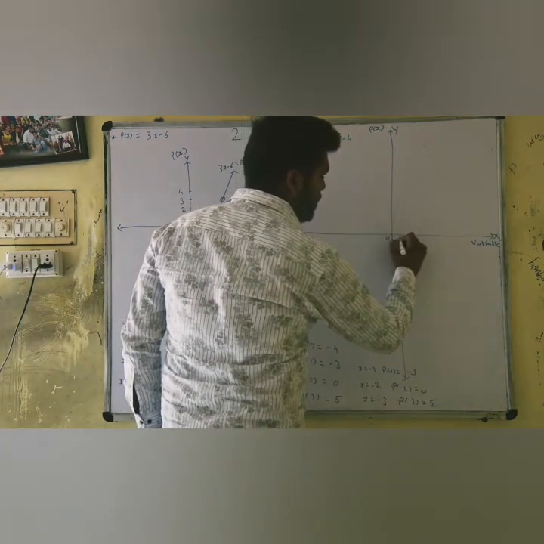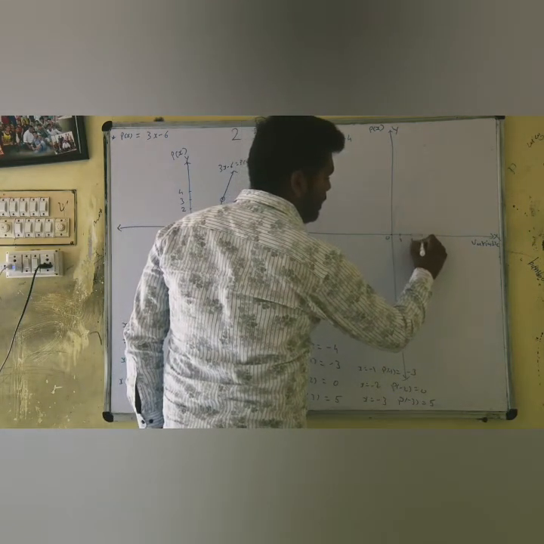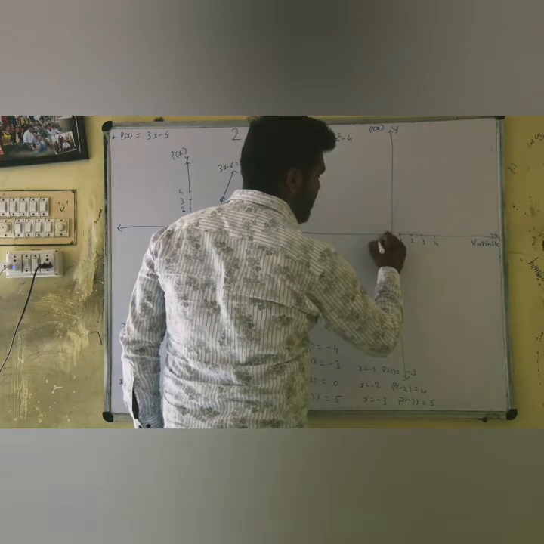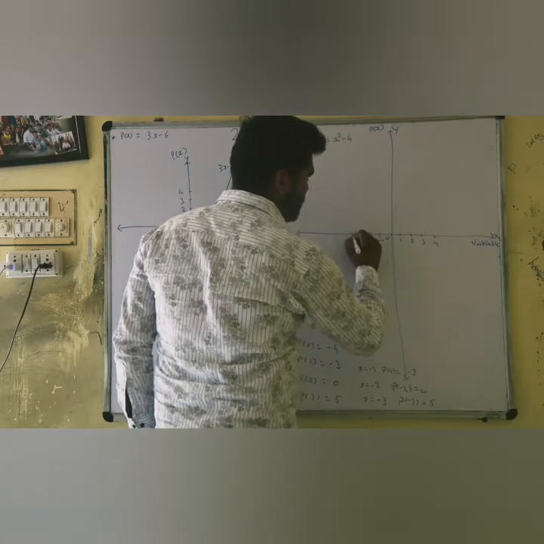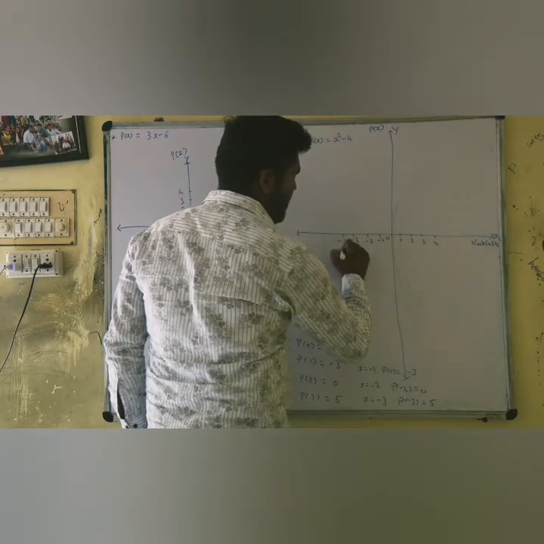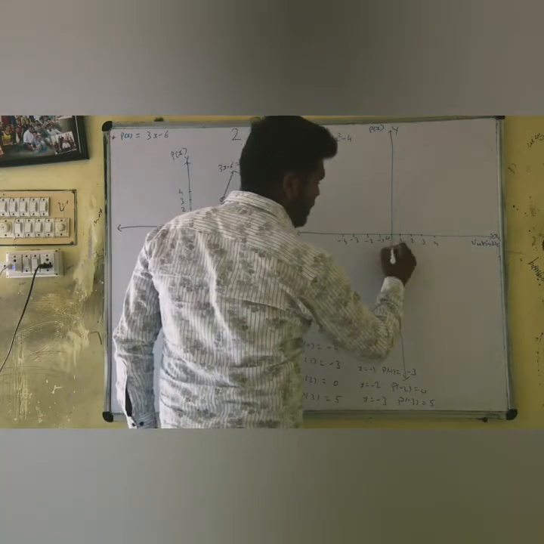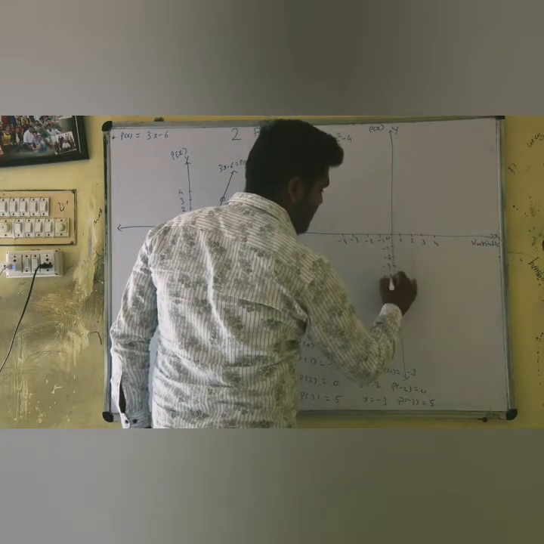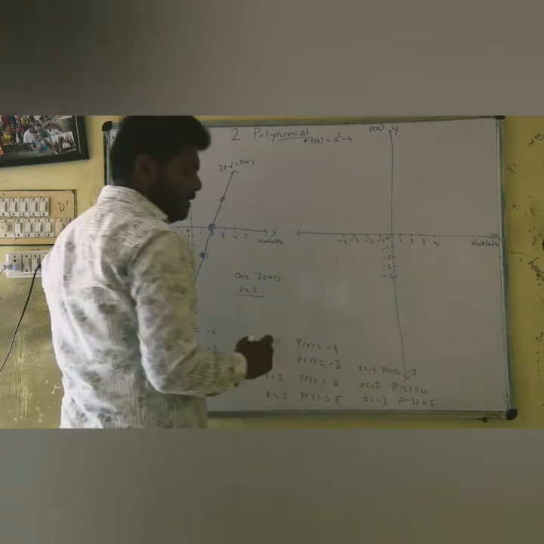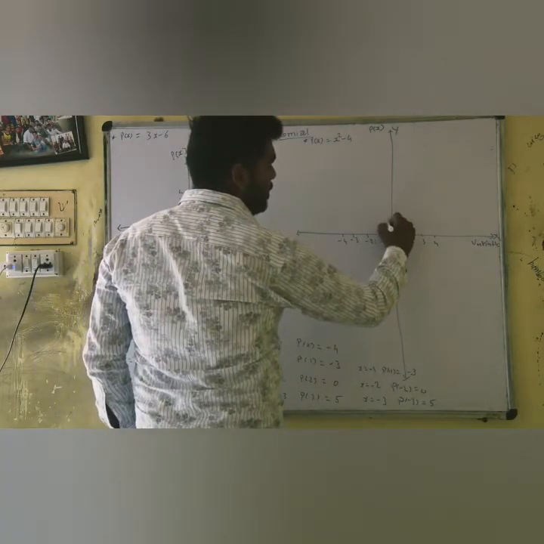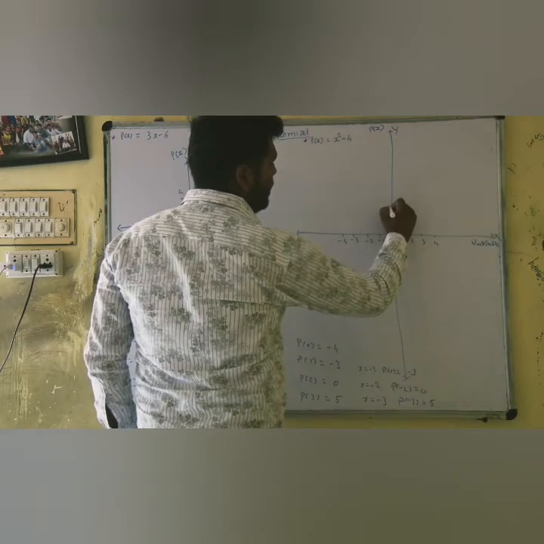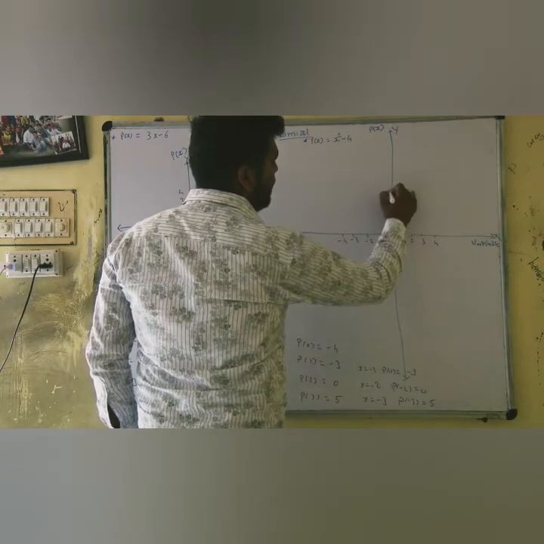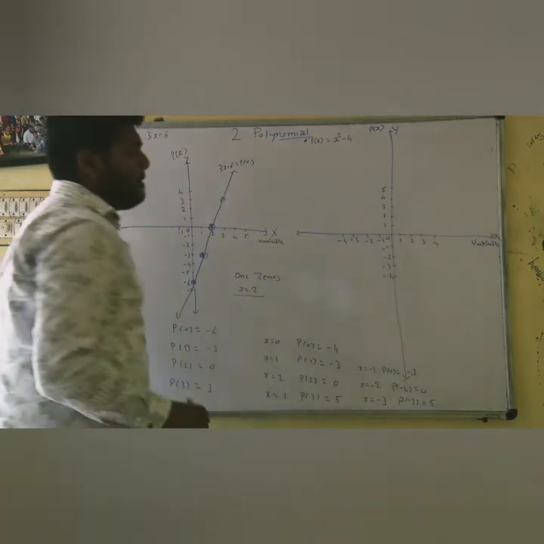Now let's form the axes. 0, 1, 2, 3, 4. Minus 1, minus 2, minus 3, minus 4. Minus 1, minus 2, minus 3, minus 4. Clear? And 1, 2, 3, 4, 5.